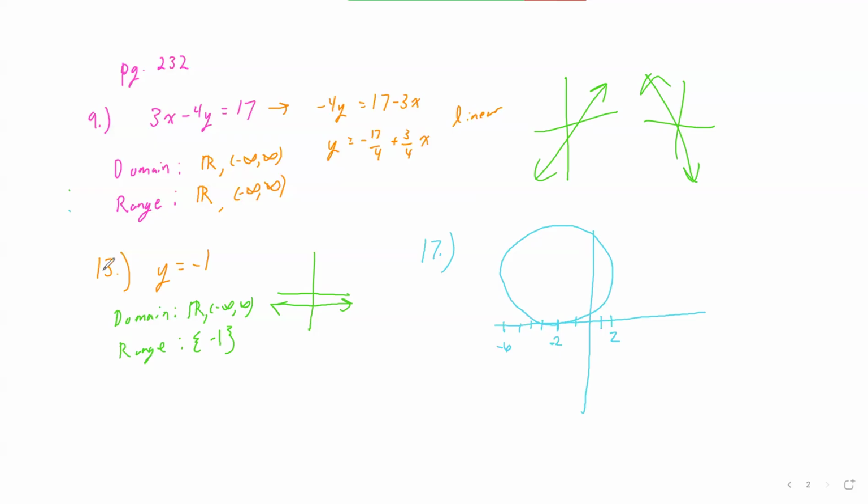So this would actually be negative 1, negative 3, and positive 1. And then this would be 1, 2, 3, 4, 5, 6, 7, 8. That would be 4.